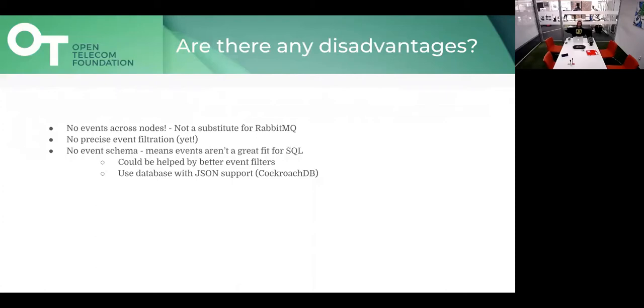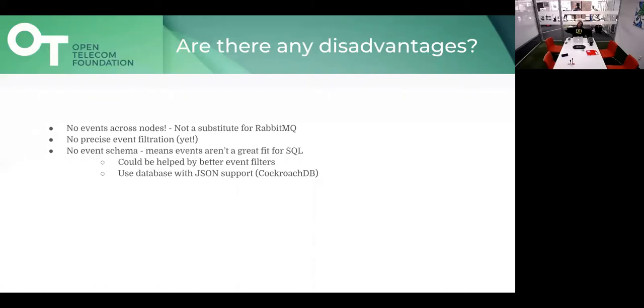We don't have a very precise way of filtering events, so currently you can't say, I'm interested in events where this value is present or anything like that. You have to get, say, all the events from an app and then just process the ones you're interested in.